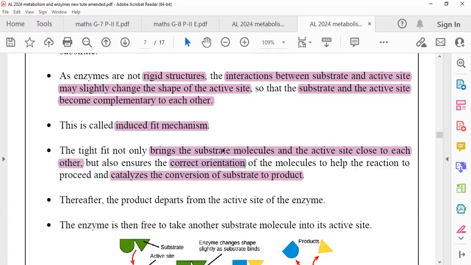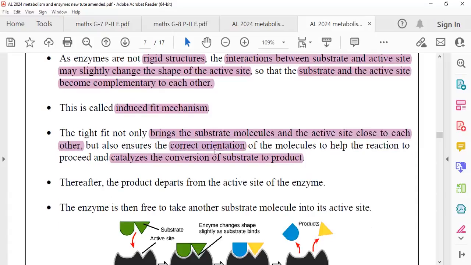Understood? Yes, sir. Directing the substrate in the correct orientation is whose role? Enzymes. Enzymes' role. For that, the enzyme should be very close to the substrate.